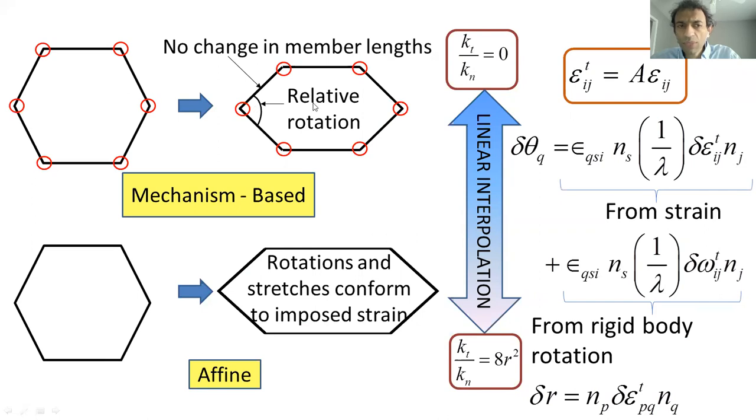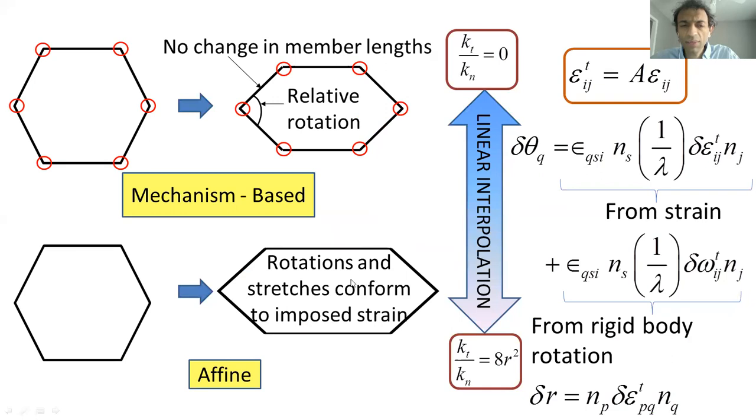For a mechanism, using geometric compatibility, we can obtain the relative rotations in terms of the macroscopically applied boundary strain. There will not be any individual member stretches. There will be only relative rotation. So this is one extreme case. This is a very soft, actually zero stiffness case.